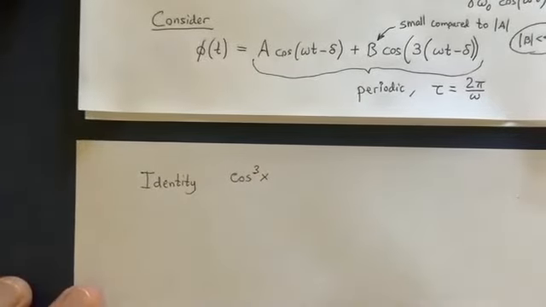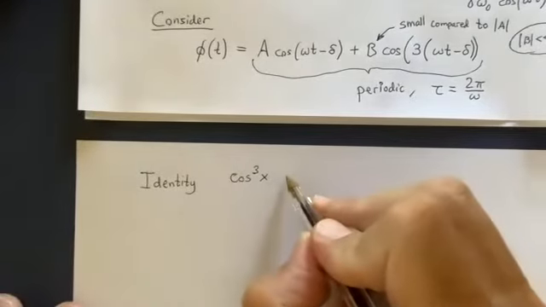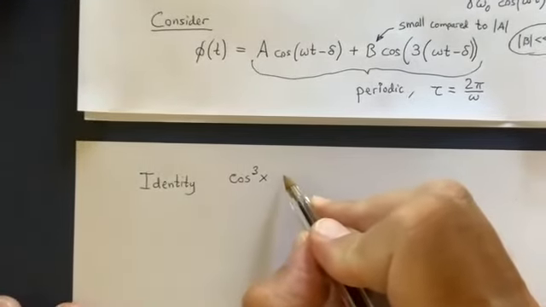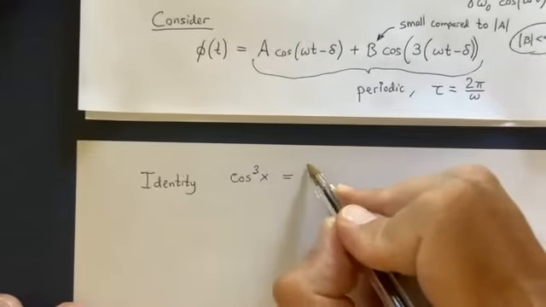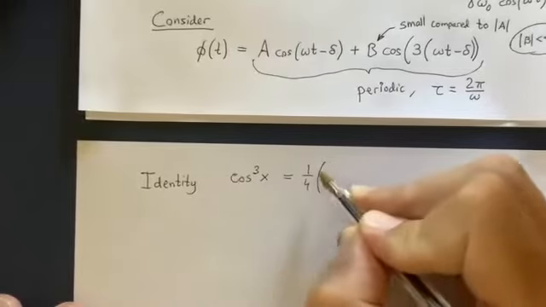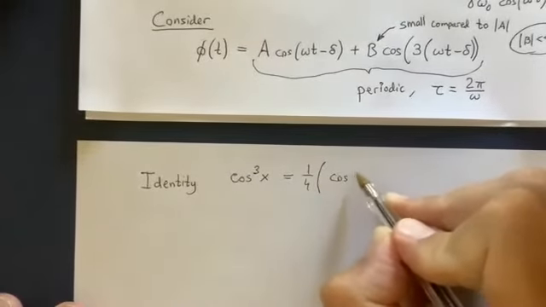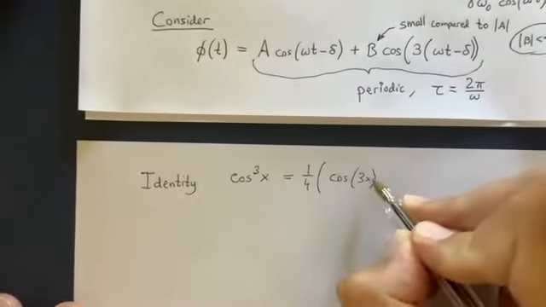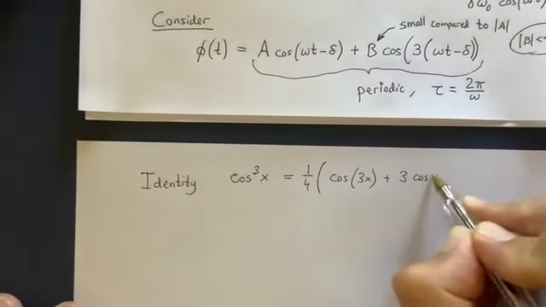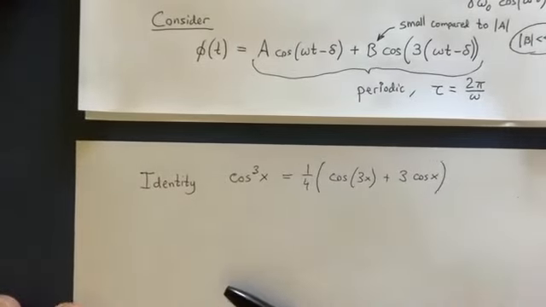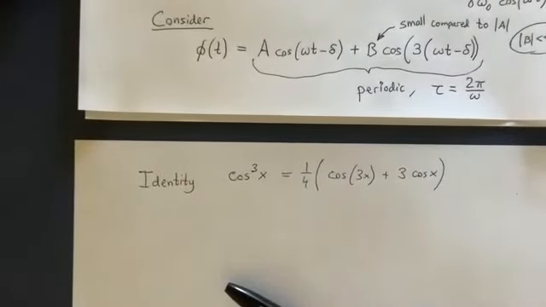Would you believe the cube of the cosine of x can be written as a linear combination of cos 3x and cos x with just some harmless coefficients? All right, so this is equal to, we got 1/4, we got the cosine. Okay. So that's an identity you can prove without too much trouble.